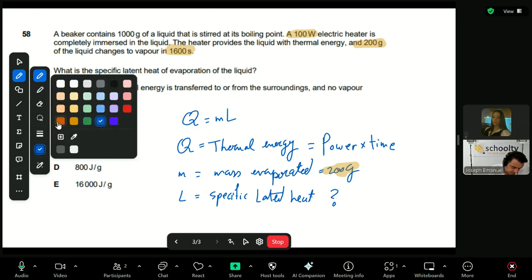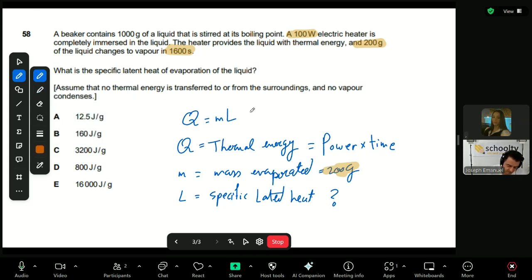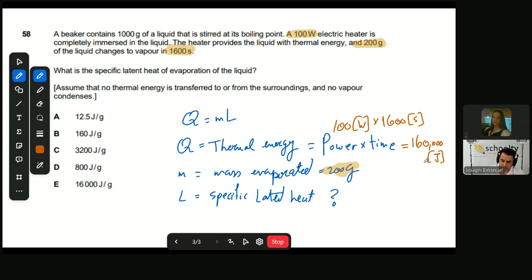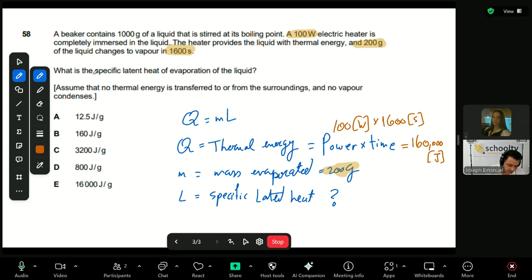If we gave it 100 watts for 1,600 seconds, how much do we have? 160,000 joules. So we have 160,000 joules. What they ask about is the specific latent heat of evaporation of the liquid.